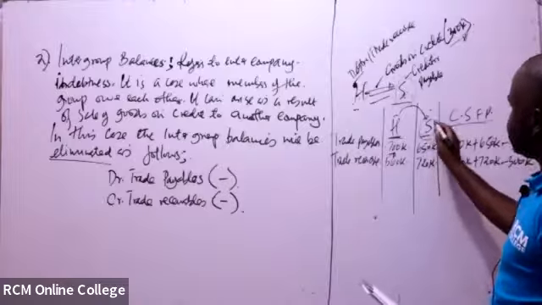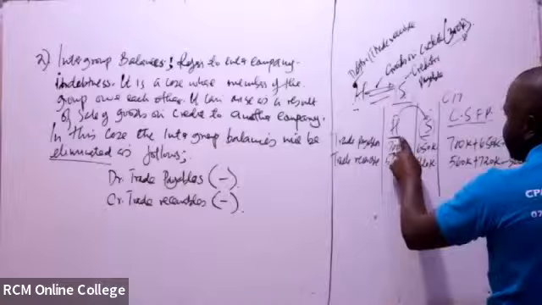So the holding company will still be recognizing this amount from the subsidiary as a trade receivable because they are yet to receive the money. But the subsidiary would have already eliminated that 300K because they have already paid.